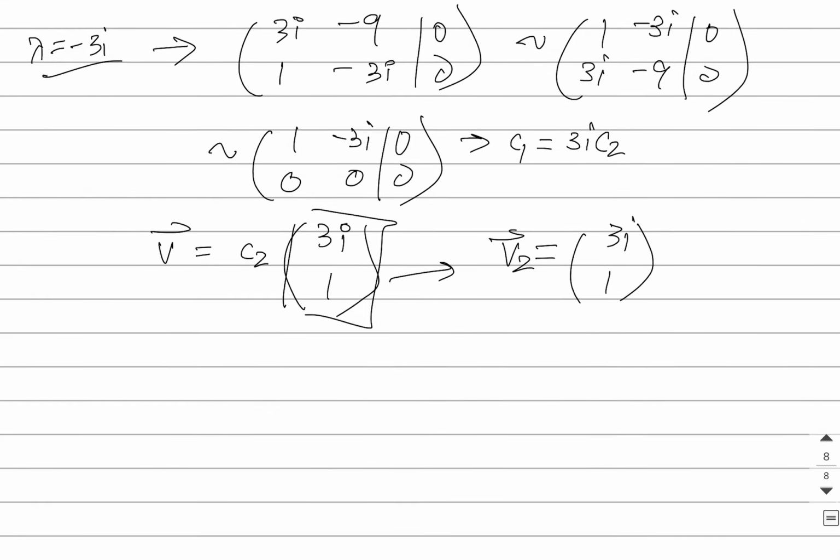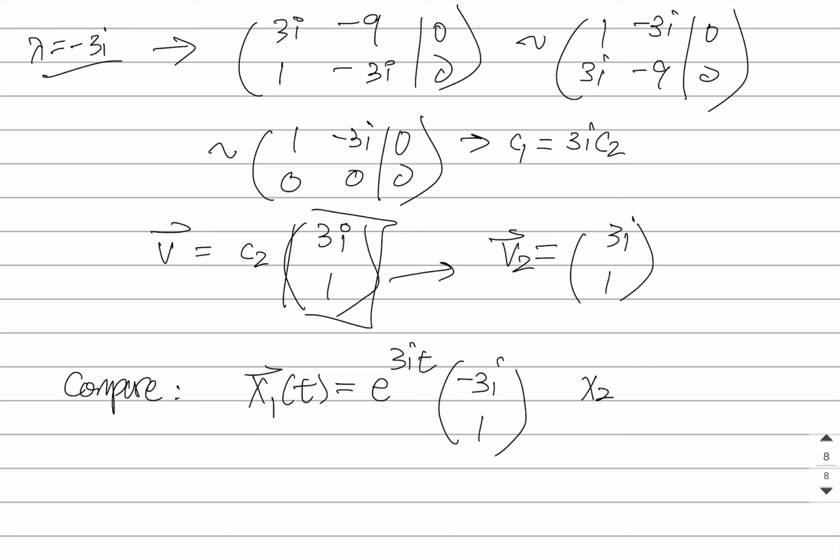So now let's compare what we found. We found that one of these solutions was e to the 3it with the vector [-3i, 1]. And we've just found that the second solution is e to the -3it with [3i, 1].